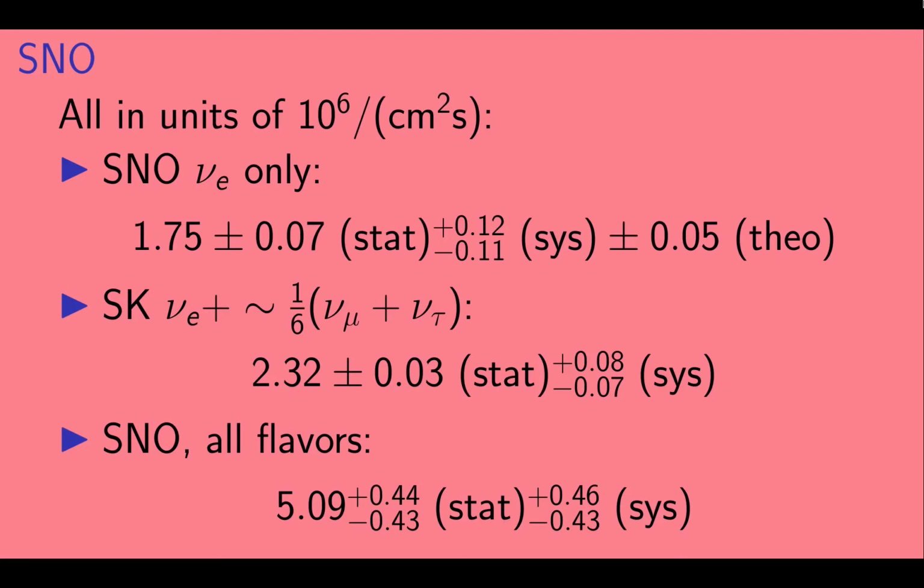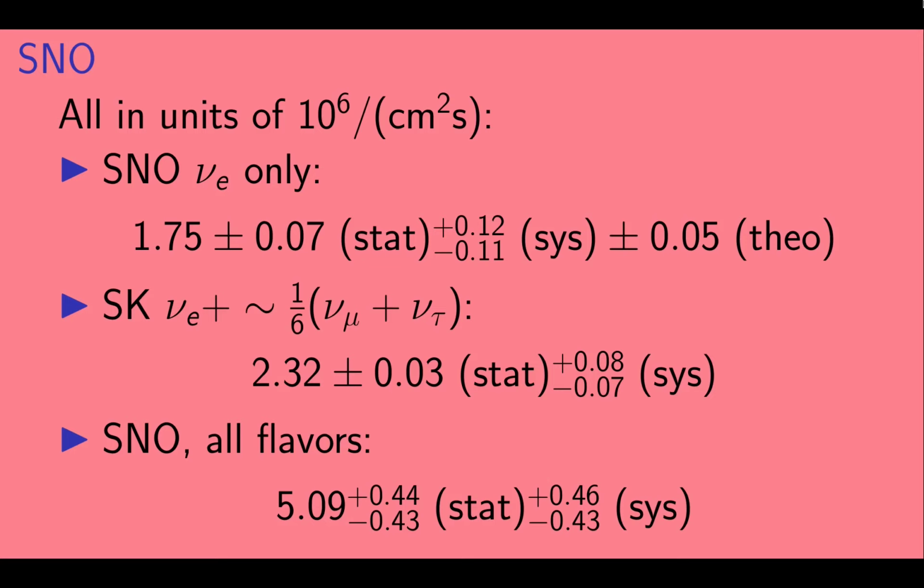Okay, so here are the three results, all in the same units as before. At the top, we have a result from Snow that measures the electron neutrino flux. In the middle, we have a result from Super-K that measures the electron neutrino flux plus part of the muon and tau neutrino fluxes.